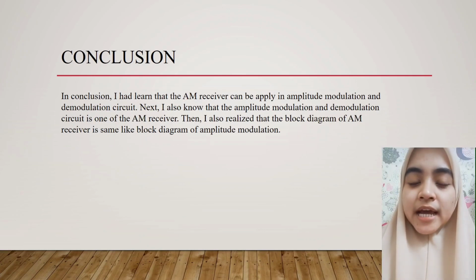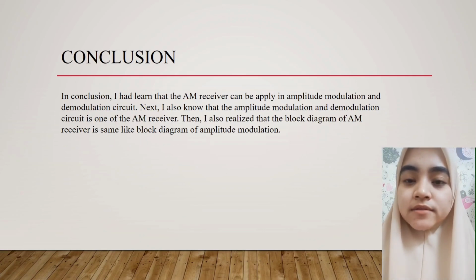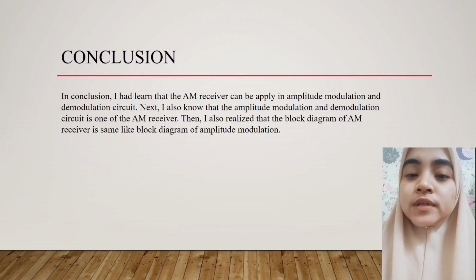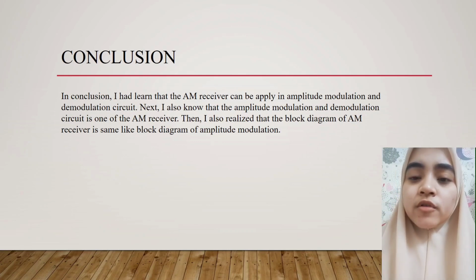In conclusion, I had learned that the AM receiver can be applied in amplitude modulation and demodulation circuit. Next, I also know that the amplitude modulation and demodulation circuit is one of the AM receiver. Then, I also realized that the block diagram of AM receiver is same like block diagram of amplitude modulation.